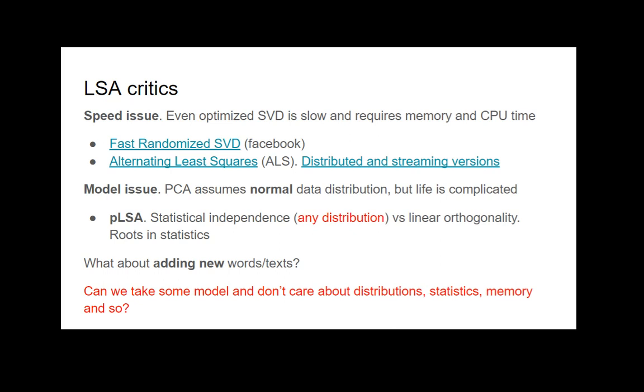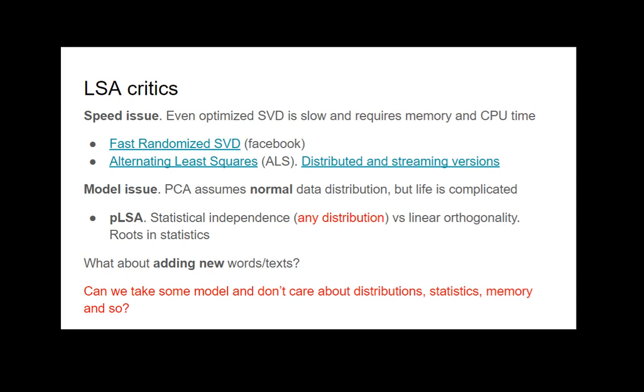For example, Facebook a few years ago introduced a method which is actually randomized, meaning that it does not bring you the exact value. So not the exact decomposition, but something similar to the decomposition.